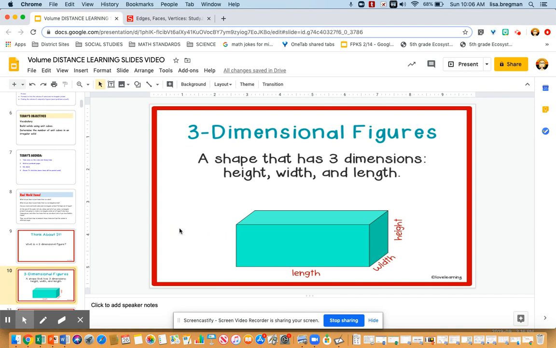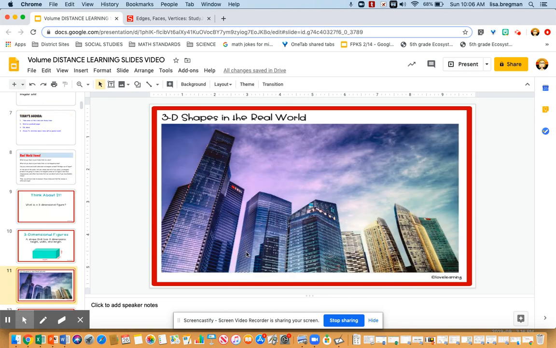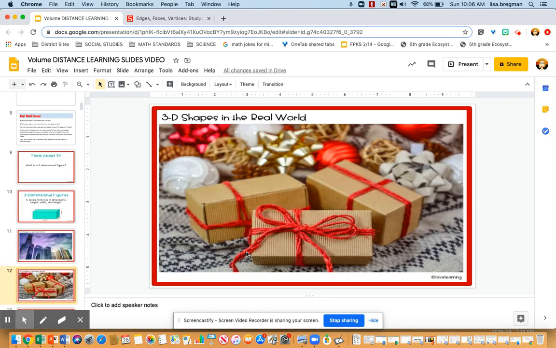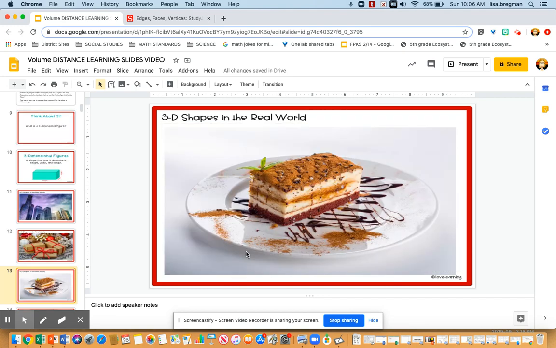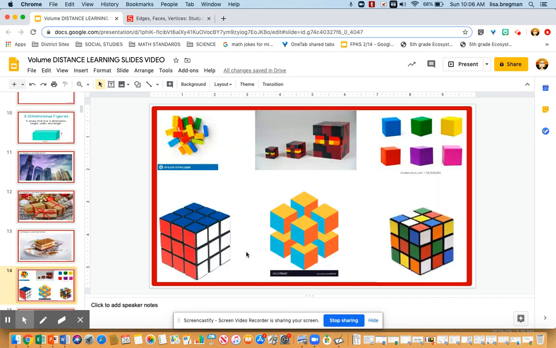The way we know that it is a rectangular prism is based on its face or its base, which is a rectangular shape. So in 5th grade, we focus on cubes and rectangular prisms. Here are some 3D shapes in the real world. That looks delish. And our favorite Rubik's Cubes, which I know a whole bunch of you have, and Minecraft.